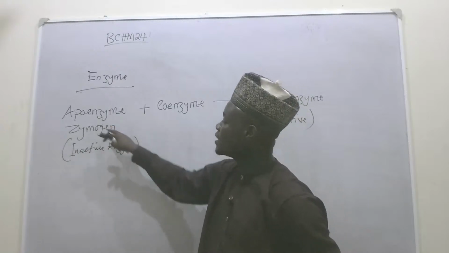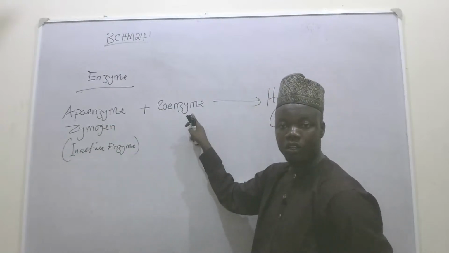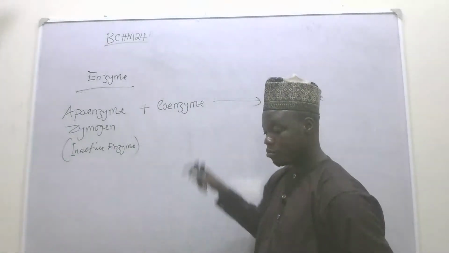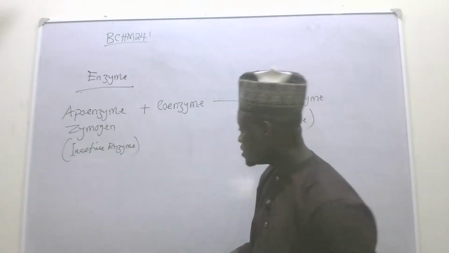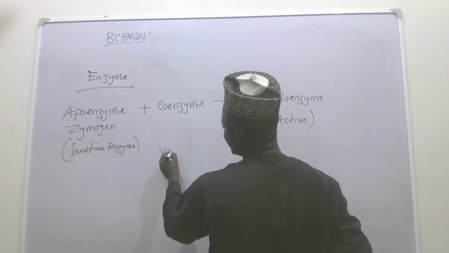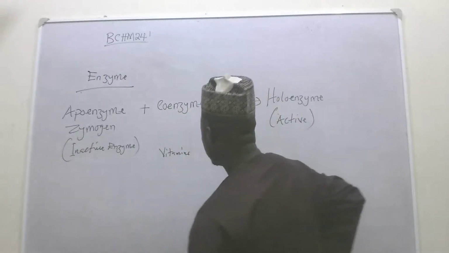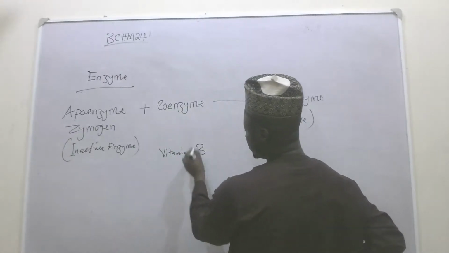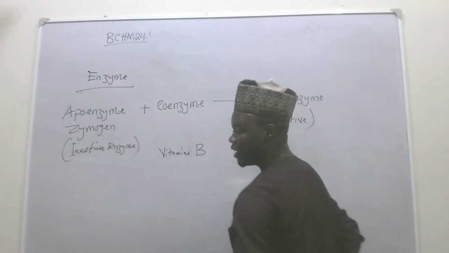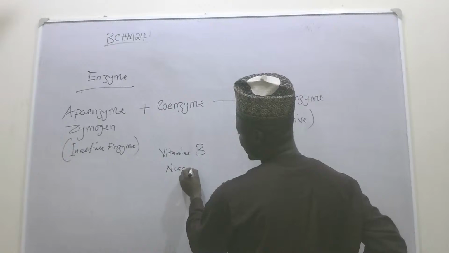So for these inactive enzymes to be active, you need a coenzyme. And what are those coenzymes? Most of them are vitamins. So we have vitamin B, and among these vitamin B we have niacin.